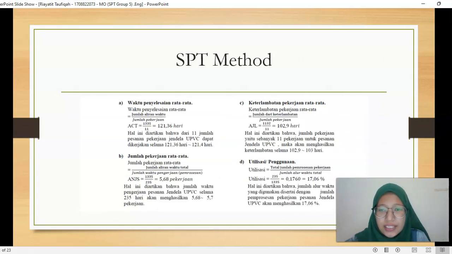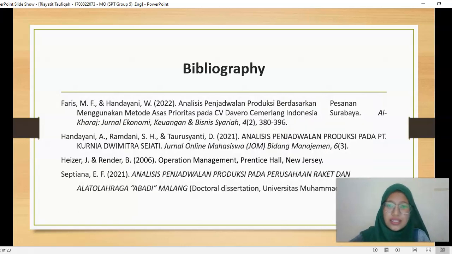And then this is the calculation of the SPT method. The average of completion results in 121.36 days. The average number of jobs results in 5.68 jobs, the average of delays results in 102.9 days, and for the utilization, it results in 17.6%.